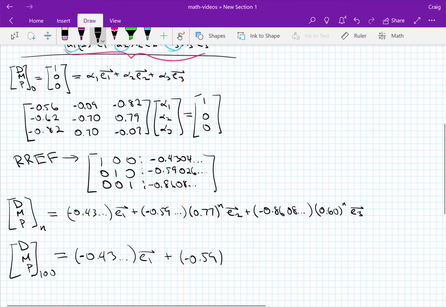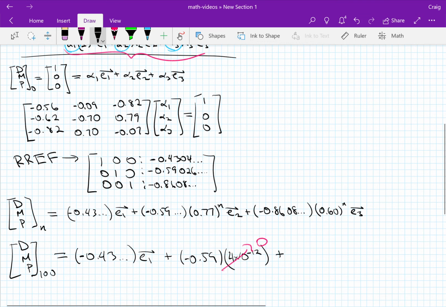Then I have 0.77 to the 100, so let me just bring that up conveniently. Mathematically, 0.77 to the power of 100 is 4 times 10 to the minus 12, and that is effectively 0.